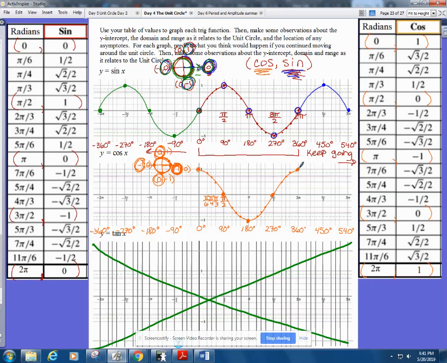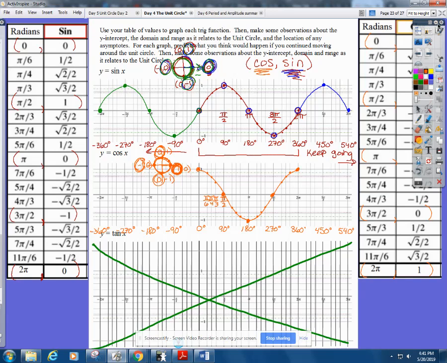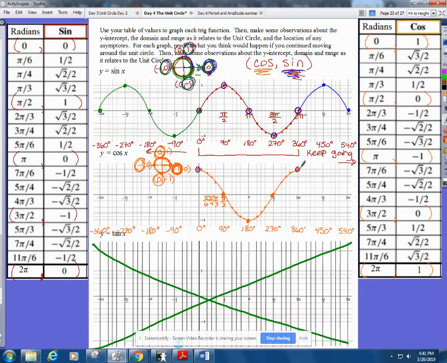That's 1 rotation around the circle. All the cosine values, 1 rotation around the circle. And notice for both of these graphs that this point right here is 0 degrees and 360 degrees, you're back at the same point. So we start at 0, we go around, 90, 180, 270, back to 360, which is the same spot as 0.